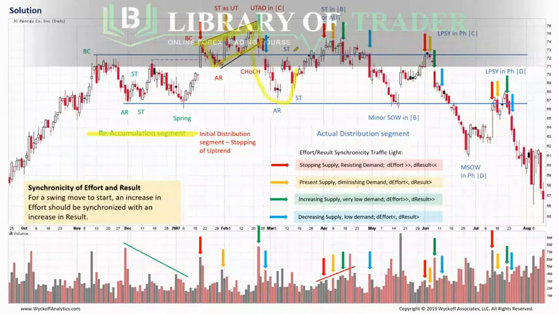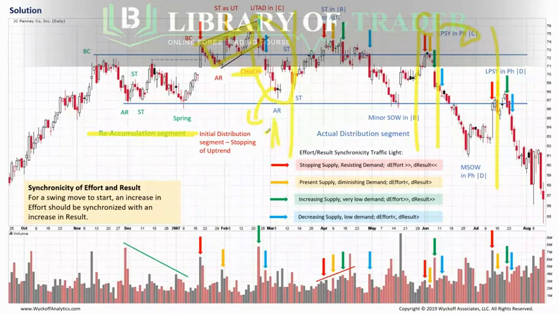Then we have a change of character, and then the distributional pattern starts. For the first time, there is synchronicity to the downside, failure of the rallies for the first time with lower highs, and then our potential phase C, phase D.